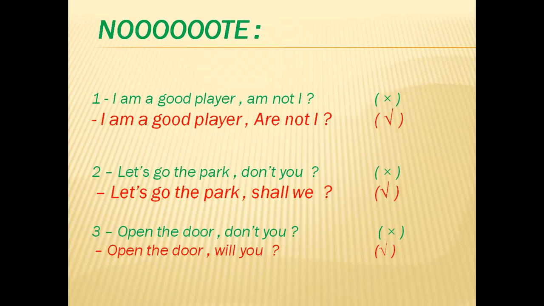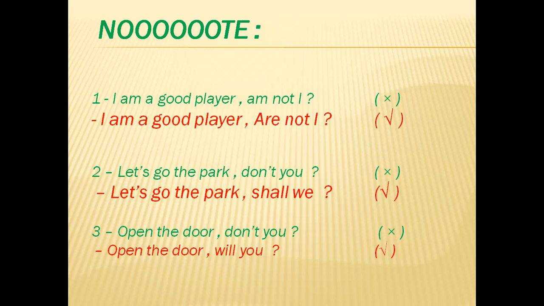No, no, no, no. We say open the door, will you? Okay, the statements and the questions written in red are the correct forms of the question tag, but the statements and the questions written in green are not the correct question tags.